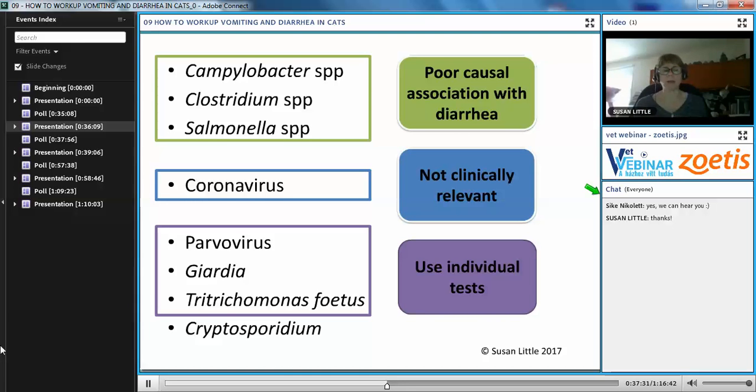Cryptosporidium is another one that there isn't a standardized test for, so it doesn't always perform as well for us as we would like. So that's one of the reasons it's not always a great idea to run a whole panel. You often get information that's not useful to you. You might be better off to look at that list and say, actually, it's really Giardia or Tritrichomonas I need to know about, so maybe I'll just run those tests.